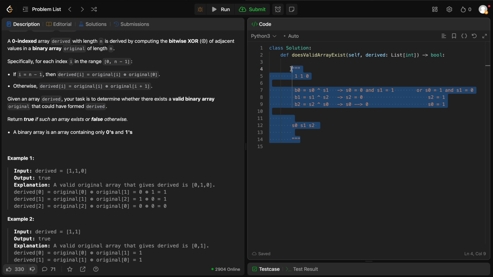So if there is a solution, there are always two solutions, because if we do XOR, is that true?